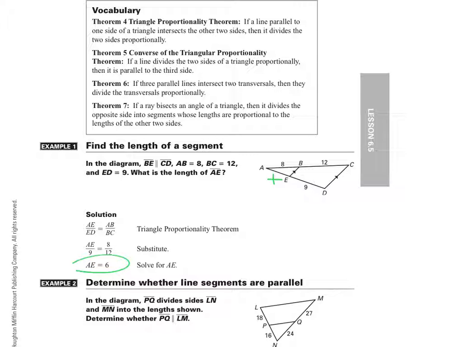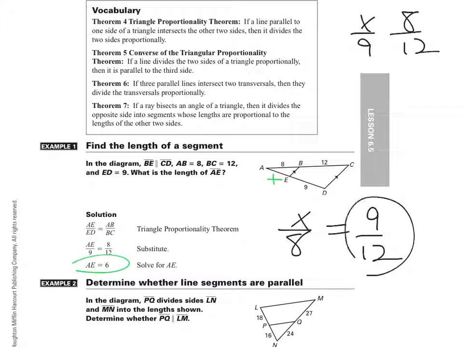So I can either choose to set it up as I can match X and 8 and then 9 and 12. Or I can do it the way that they did it. They did X over 9 and then 8 over 12.